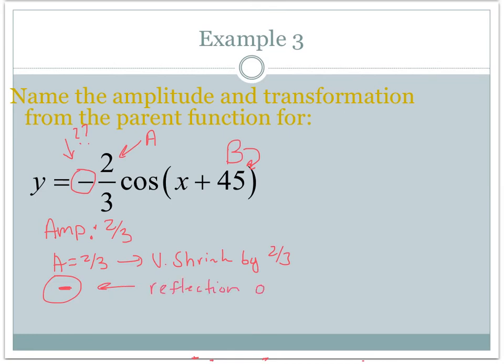And it's actually going to be over the x-axis. B is equal to negative 45. Remember, it's opposite of this guy. And so we're going to shift left 45 degrees. Okay?